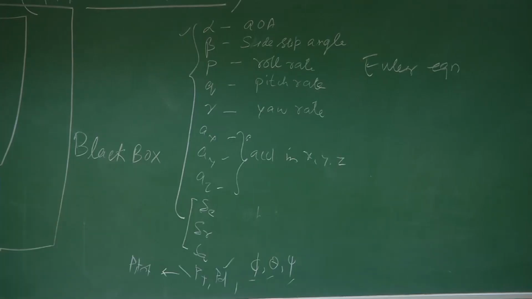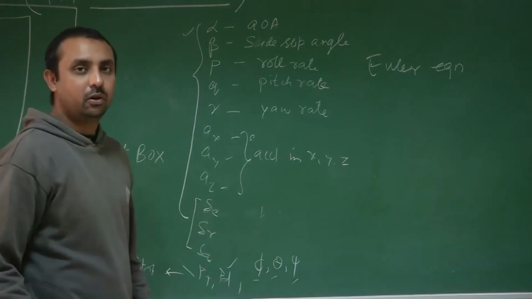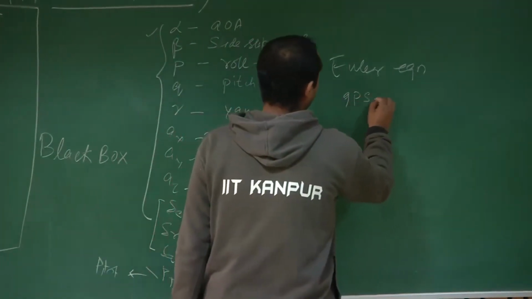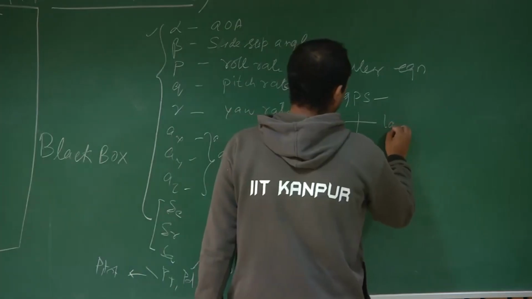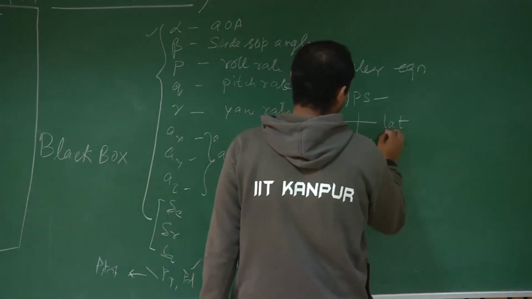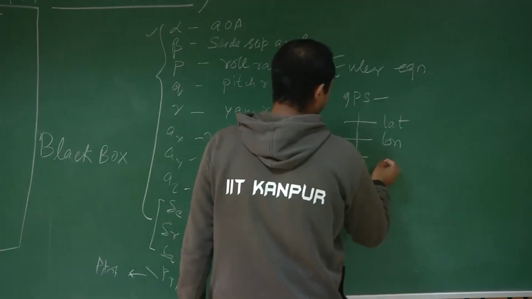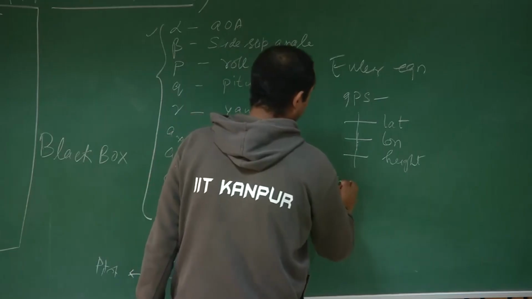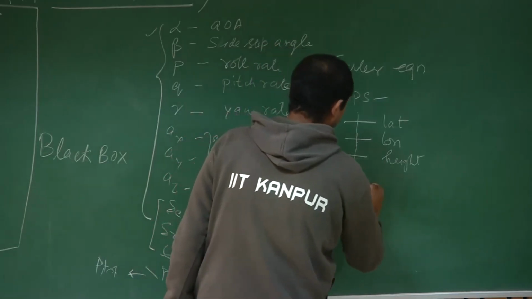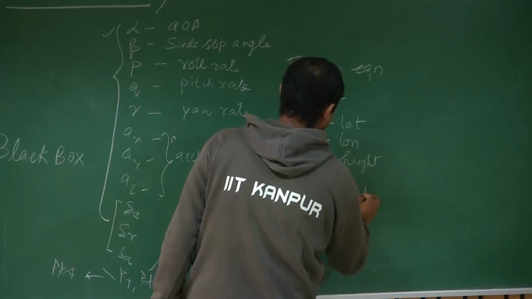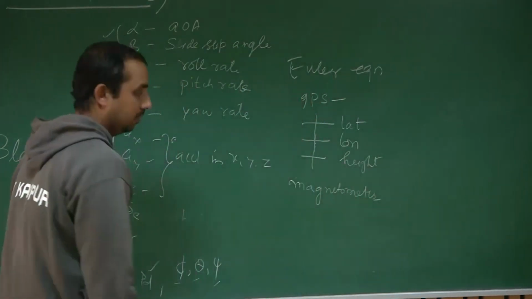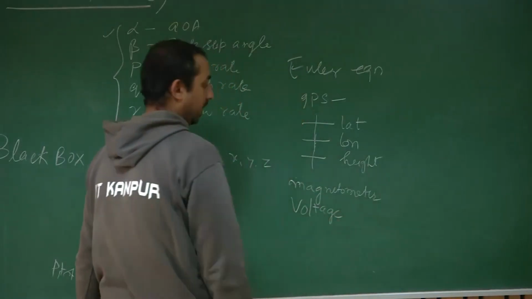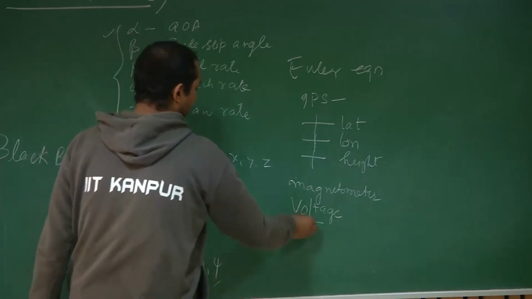Apart from these, there are several more data if you go for UAV operations, such as your GPS data, which involves your lat, longitude, what will be the height, and magnetometer readings, your even battery voltage, because in UAV operations battery voltage are very important.